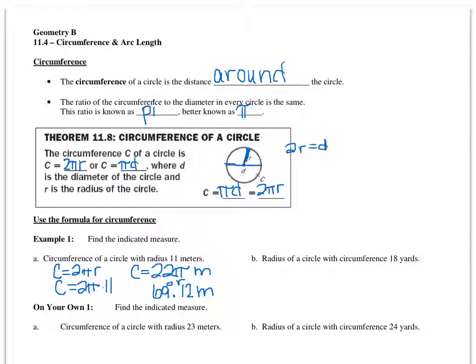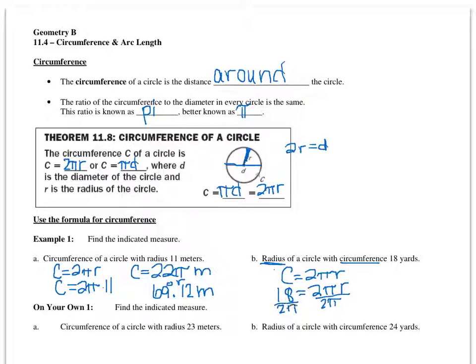B here says the radius of a circle with a circumference of 18 yards. So it'd be a good idea to pause it and try this one. Okay, so this one, we're using radius and circumference, so we're going to use C equals 2 pi r again. This time we have 18 for circumference equals 2 pi r, and we're trying to find r. So to get r alone, we would divide both sides by 2 pi.